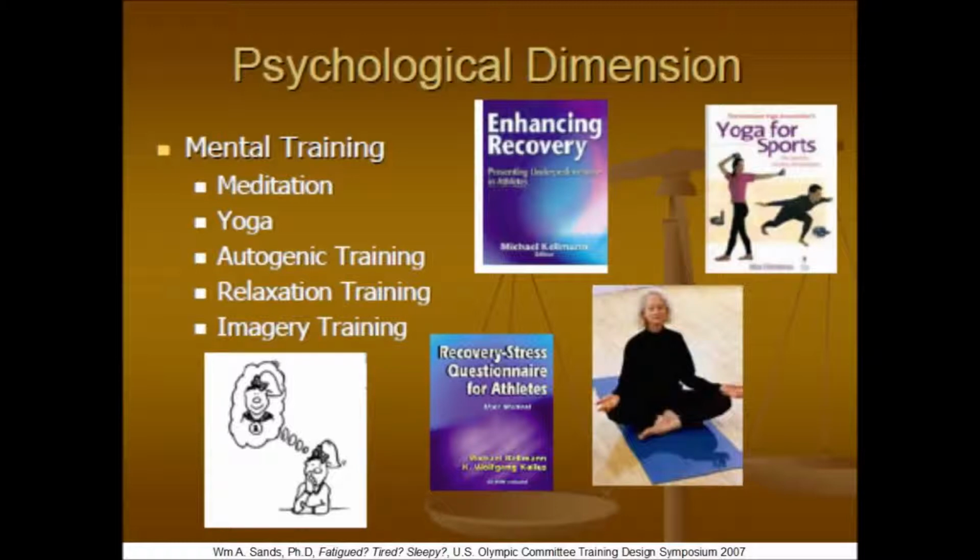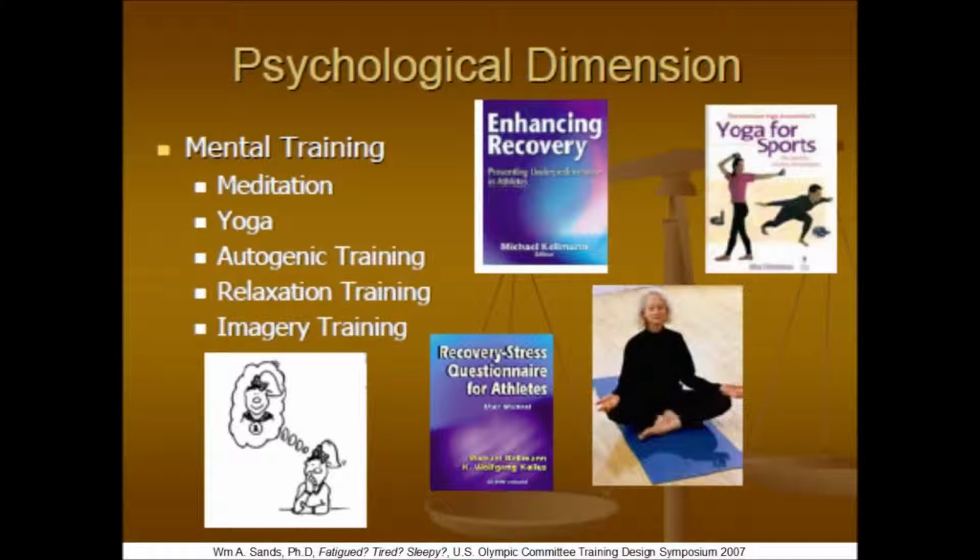Psychological dimension, I've been alluding to this all through this slideshow, but these are different ways and means that an athlete could relax, recover, and reduce stress. There are also books they could read to learn how to do that, or we could read the books and teach them.